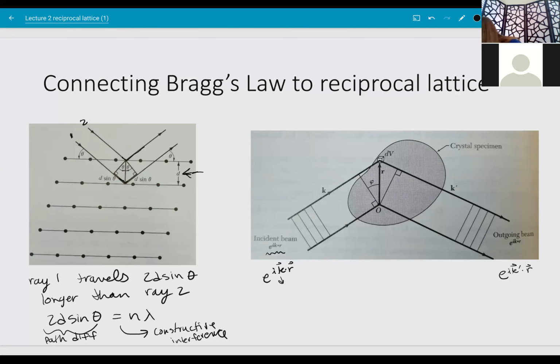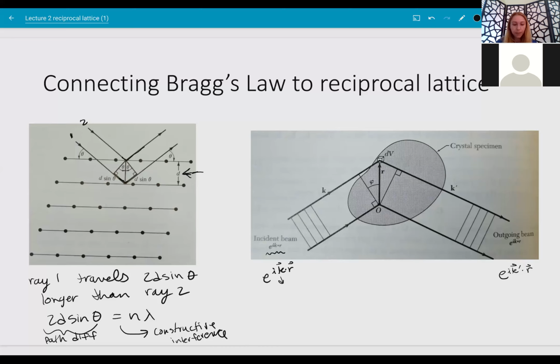I realize that this picture doesn't have the prime on the k. The reason is that usually, in experiments to learn about structure, the magnitude of the wavelength of the outgoing light is the same as the incoming light. But just to be formal, I'm going to write the outgoing beam as e to the i k prime dot r, where k prime encodes the wavelength and direction of the outgoing beam.